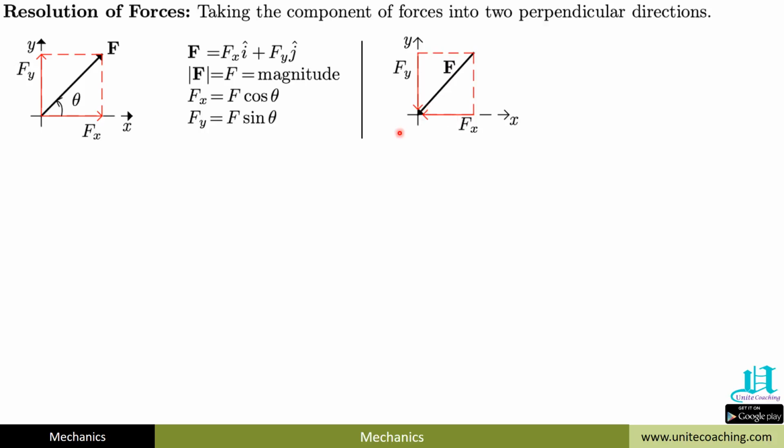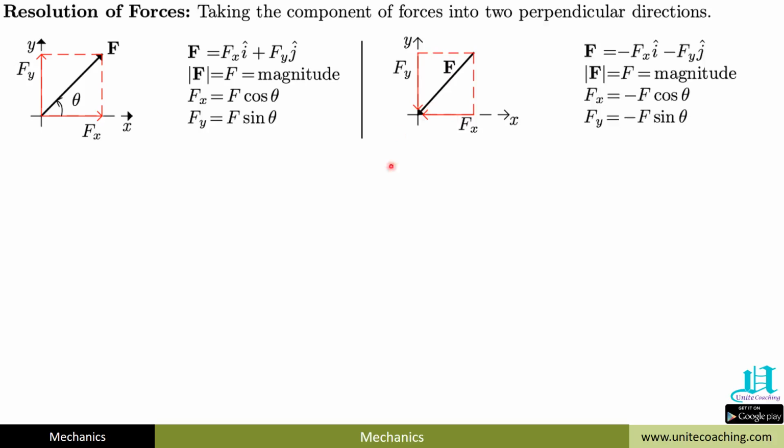So in this case the vector will be represented as f equals minus fx i cap minus fy j cap, right? Here you can see that fx is basically the magnitude of the x component, and fy is basically the magnitude of f in the y direction.